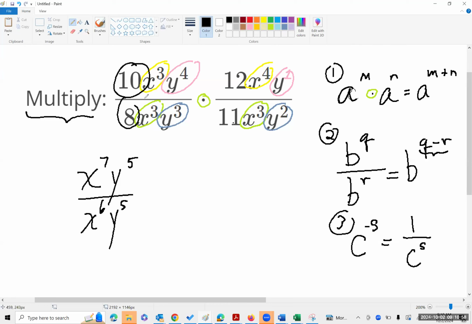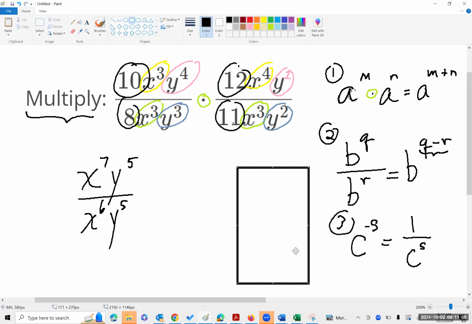Okay. Now, let's see if we can work with this somewhere on the side. Maybe we'll create a little box over here so we can work on that. I've got 10 over 8 times 12 over 11.